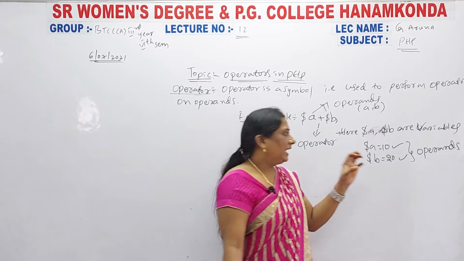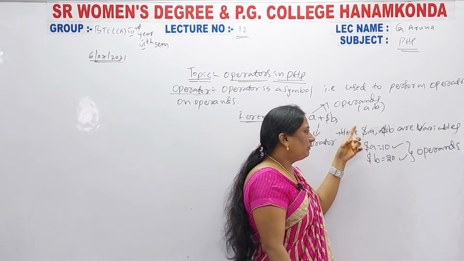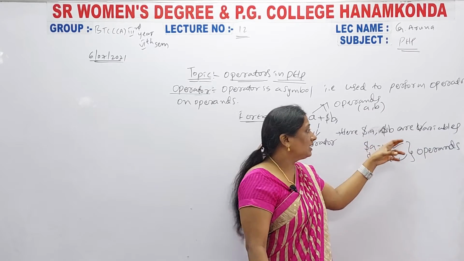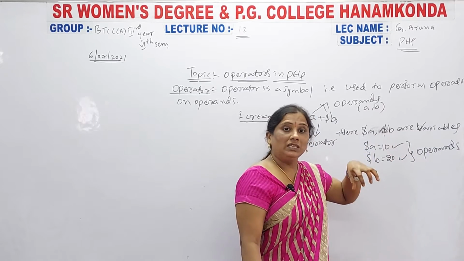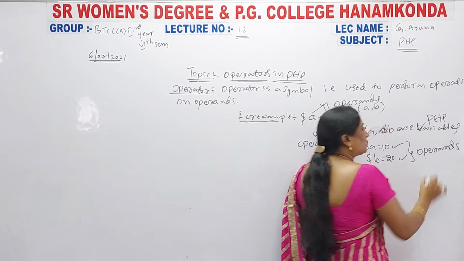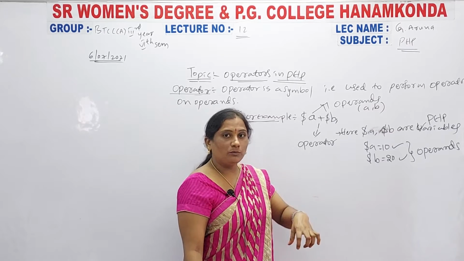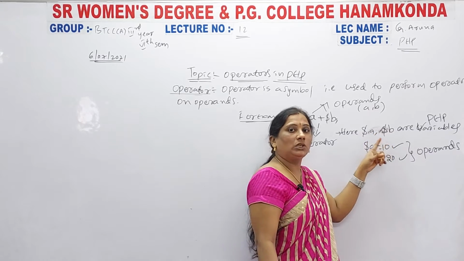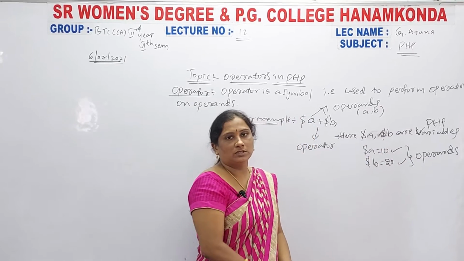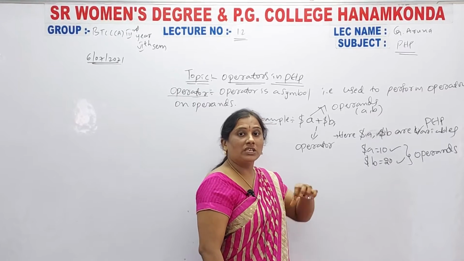Any values used in a calculation are called operands. Before these two are called simple variables. Which variables? PHP variables. How can you identify PHP variables? They have a dollar symbol before them. So that is the simple definition of operands and variables.